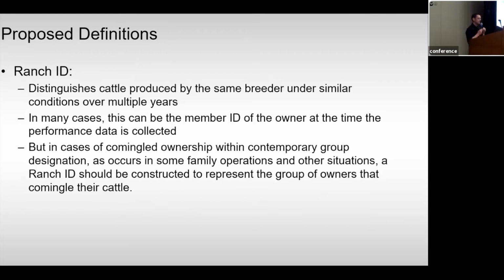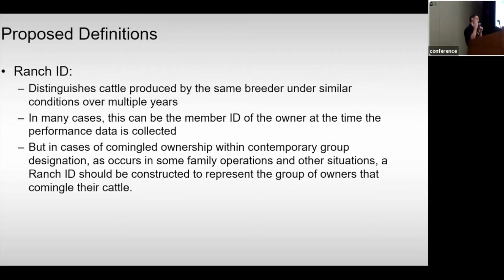And then range ID distinguishes cattle produced by the same breeder under similar conditions over multiple years. And in most cases, that could be the member ID of the owner of the cattle at the time the data is collected. But in some cases, there could be commingled ownership within a contemporary group. And so you can think about family operations where range ID could be constructed to represent the group of owners that commingle the cattle.